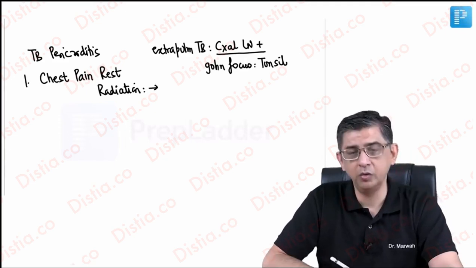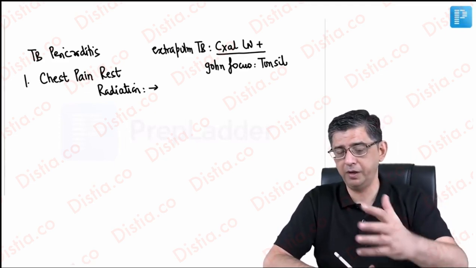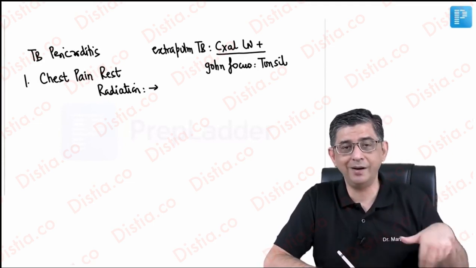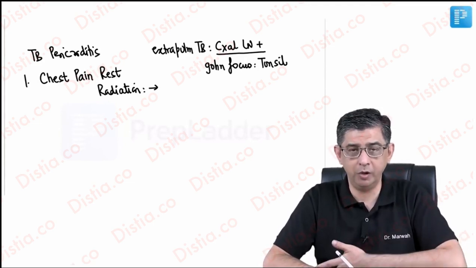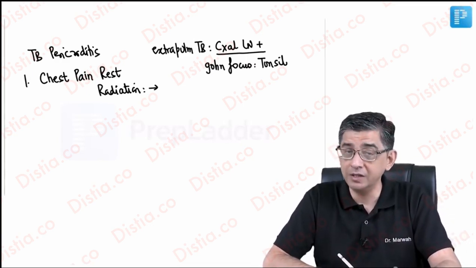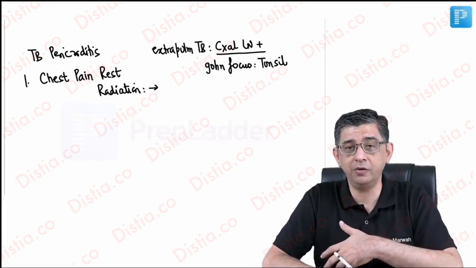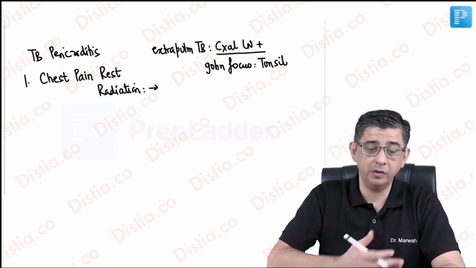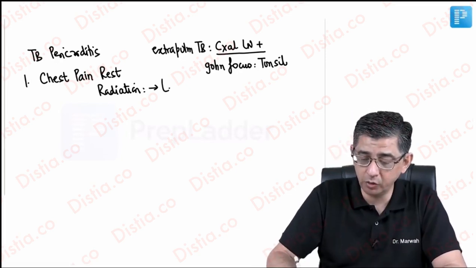In myocardial infarction, you anyway know that the pain will be concentrated in the central part of the chest, but can radiate to the arms and also to the abdomen. You would have seen cases where myocardial infarction or angina pain radiates to the epigastric area, even going down as low as the level of the umbilicus. But in this case, the pain would be radiating to the left shoulder.